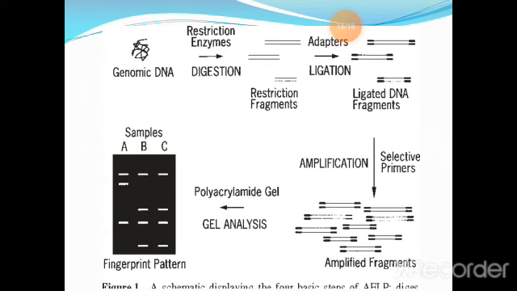Okay, there are two types of gel electrophoresis: agarose gel electrophoresis and PAGE, polyacrylamide gel electrophoresis. In this case, you have to run PAGE, and you will get the bandings like this. Here they have taken 3 samples of DNA, A, B and C. Look at the fingerprint pattern. You can make out that samples B and C have almost the same fingerprint pattern, whereas the pattern obtained for sample A is different, right? This is how AFLP is done.